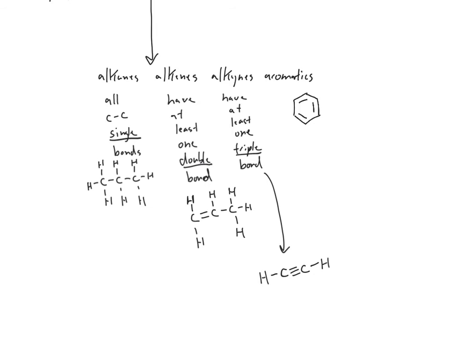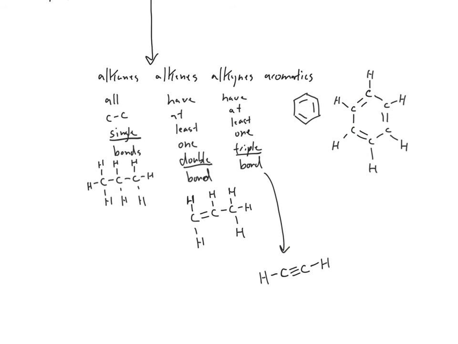And then an aromatic has to have this type of structure. Double, single, double, single, double. What's on the left is a shorthand way of writing this molecule, but you've got 1, 2, 3, 4 around everything.